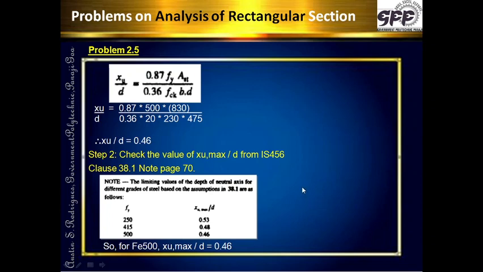In this problem, we have the actual depth of neutral axis ratio as 0.46. The maximum one is also 0.46. So the actual depth of neutral axis divided by effective depth is equal to xu max by d. The ratio of the actual depth of the neutral axis to the effective depth is now equal to the ratio of maximum depth of neutral axis to the effective depth.